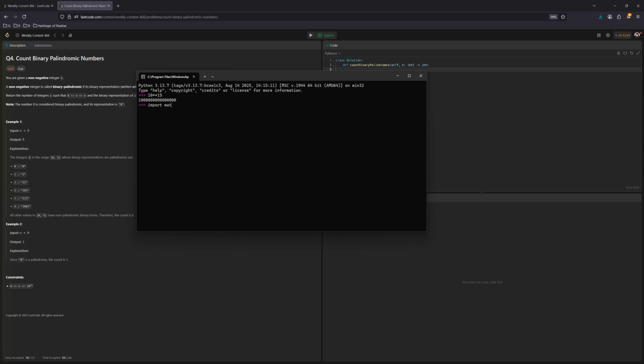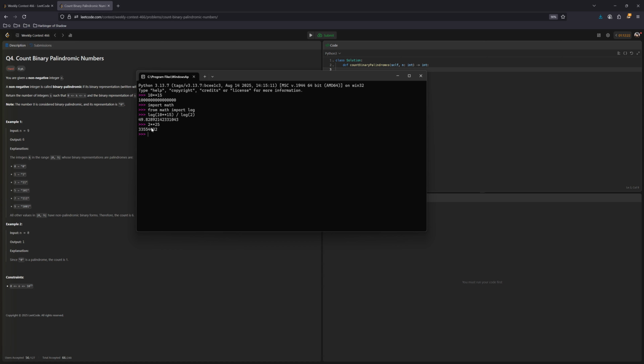Okay, import math from math, import log. I think he didn't have to do that, but yeah. So log of this divided by log of 2. So up to 49 digits, right? 25, 2 to the 25th.